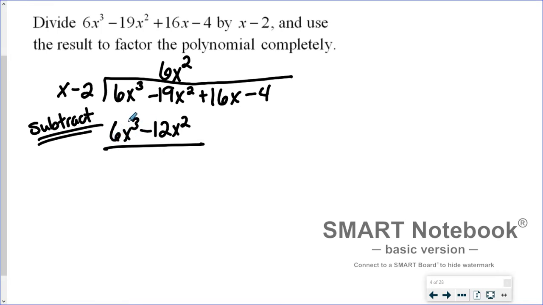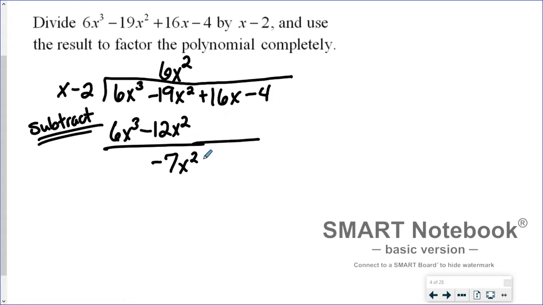A lot of students like to do that because adding is a lot easier than subtracting. But if we subtract, this minus this cancels, which is what we want. That's the whole reason why we picked it. And negative 19x squared minus negative 12x squared is negative 7x squared, because when you subtract a negative, you're really adding. It's really negative 19x squared plus 12x squared.